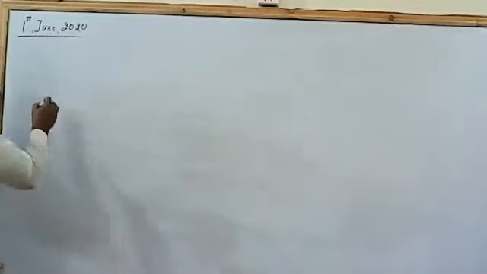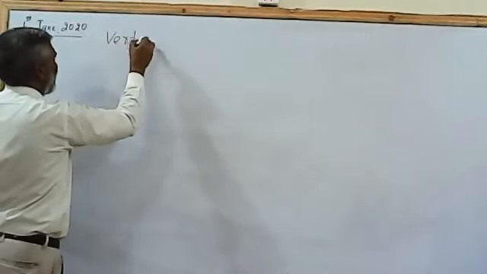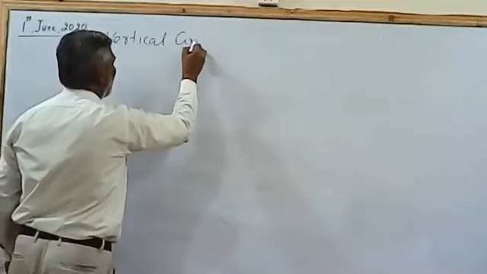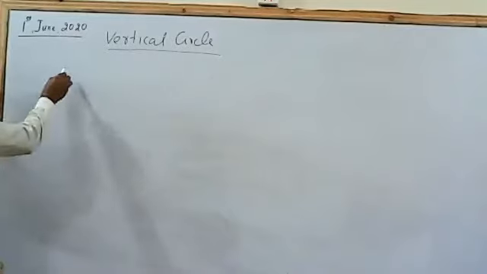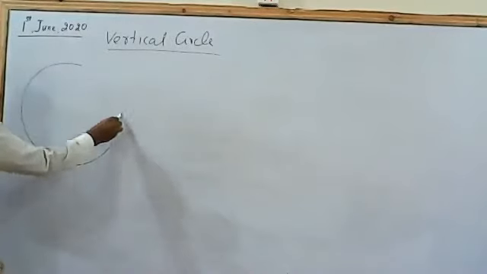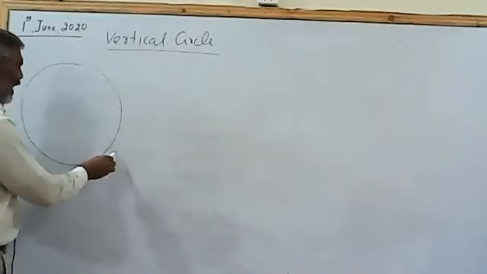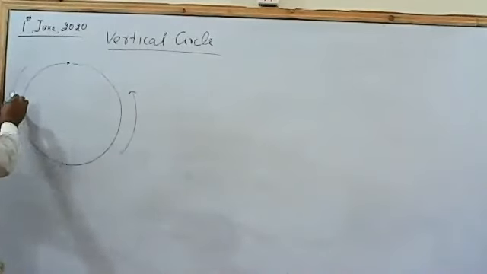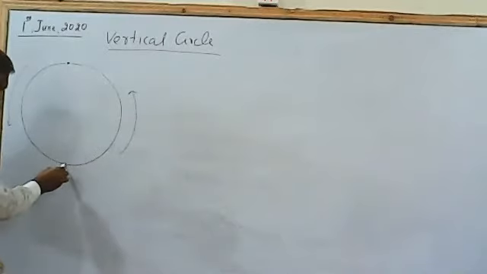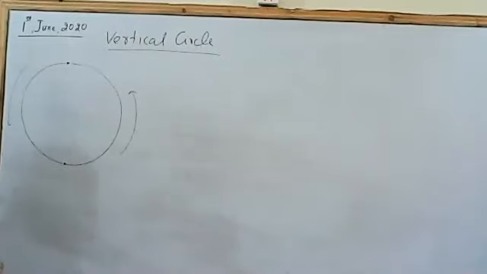Now we arrive at the vertical circle. A vertical circle simply means the object is going up like this to the top somewhere, and then it falls and moves to the bottom, and then it rises and continues its motion in this manner.